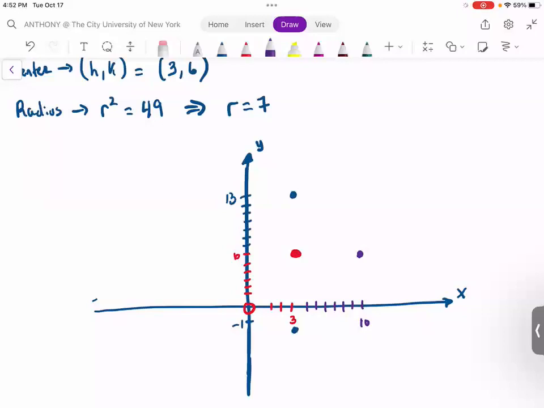And then you do it 7 units to the left. Starting again with x equals 3, if I went 7 units to the left, 1, 2, 3, 4, 5, 6, 7, what will be this x value? Negative 4. So we get negative 4, 6. Now, this was kind of off a little bit.